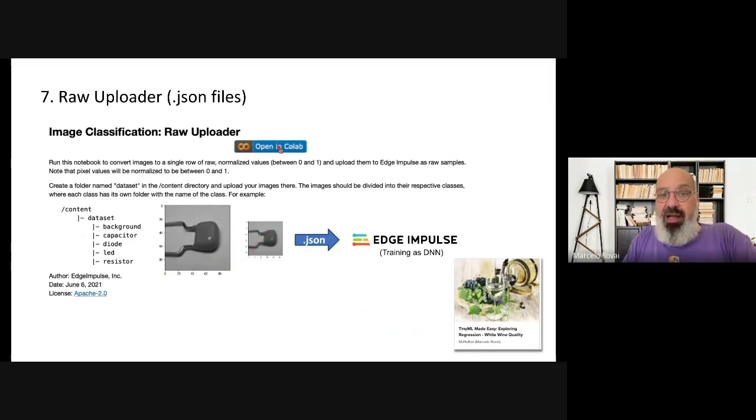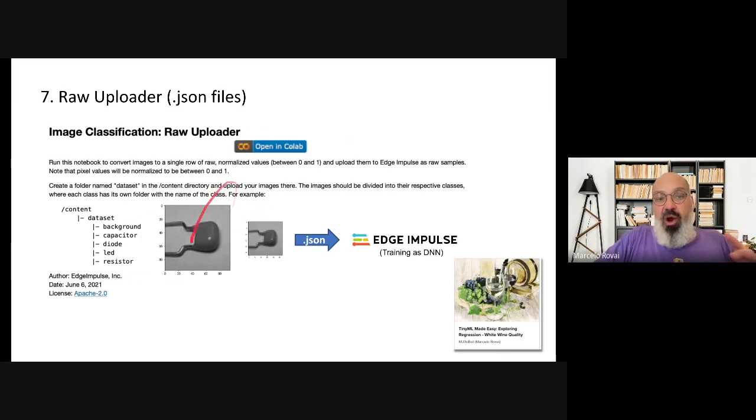For example, Shawn developed a very, very nice Colab. When he explained, for example, he was classifying images, but he wanted to take these images and send them straight to the Studio to classify them, using, for comparison, not a convolutional network but a DNN, a fully connected neural network.